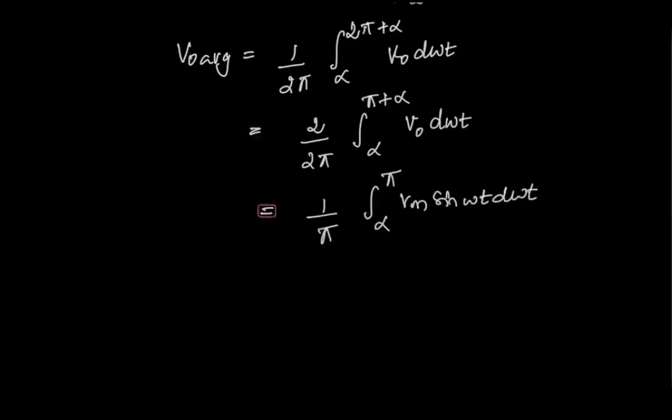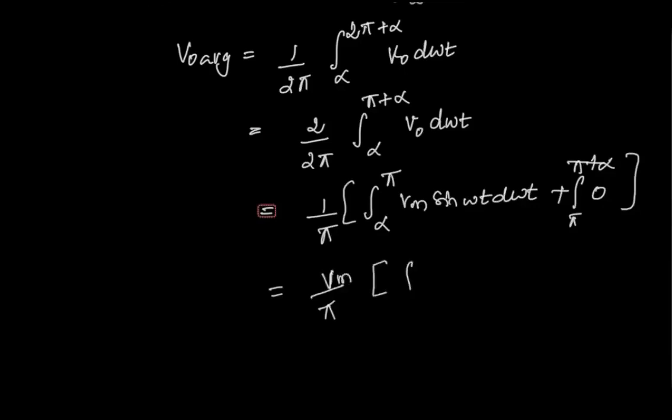That is, we can split the integration into alpha to pi and pi to pi plus alpha. From alpha to pi, V naught is Vm sine omega t, and from pi to pi plus alpha, V naught is 0. So, in 1 by pi integration, we can take Vm outside.